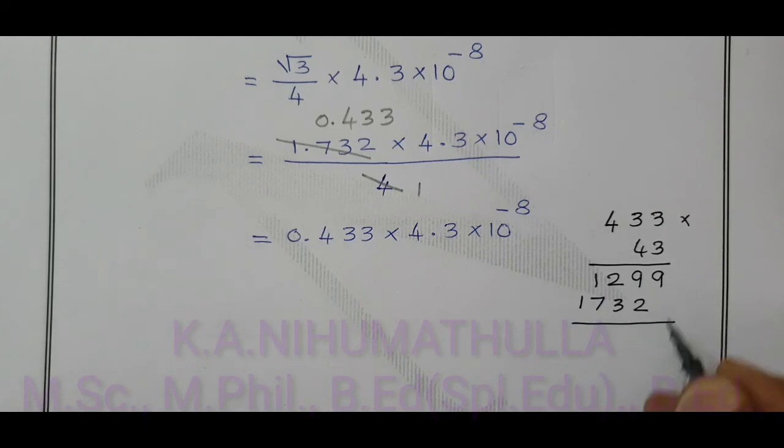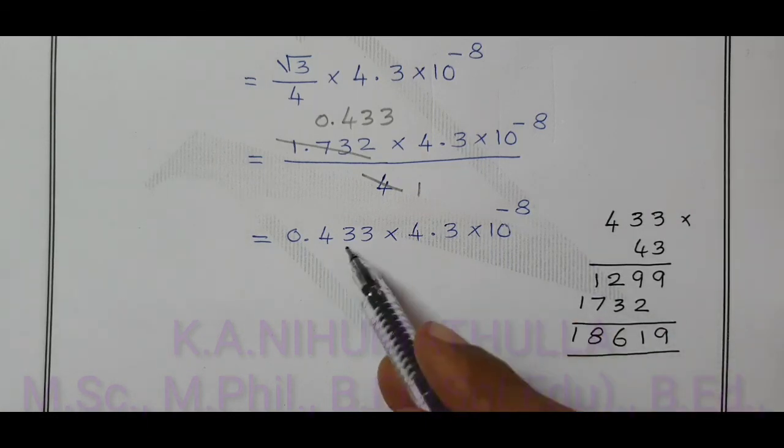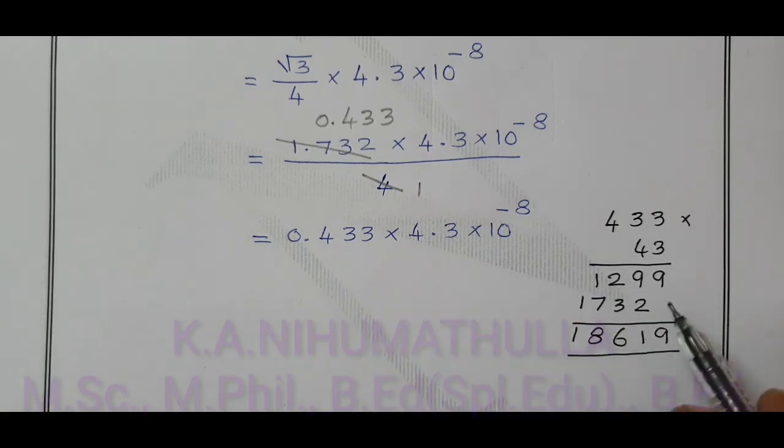When I add these two, 9 plus 2 equals 11, remaining 1, 4 plus 2 equals 6, 7 plus 1 equals 8, here 1. How many decimal points do you have to put? Here 3 points, here 1 point, totally 4: 1, 2, 3, 4. So 1.8619. That is our answer in centimeter.